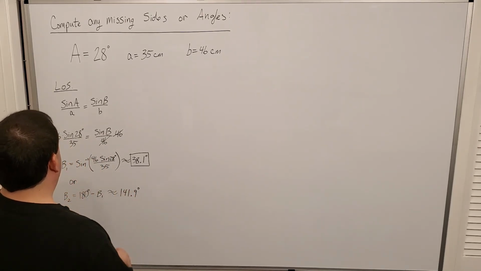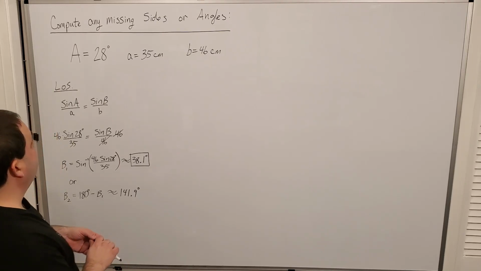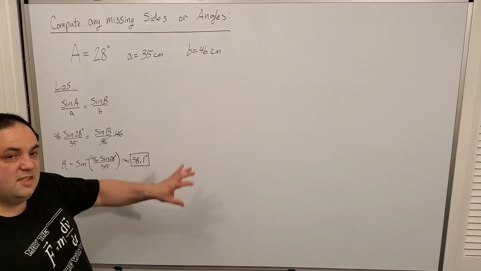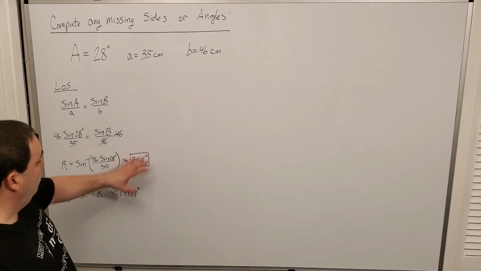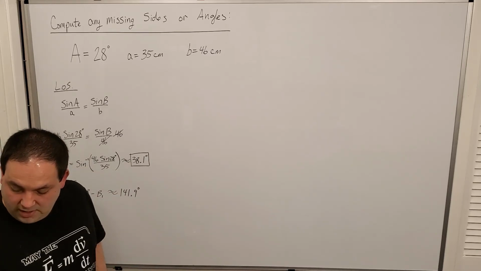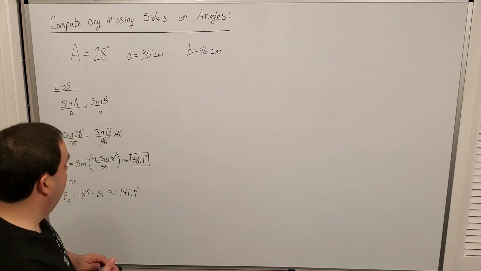Okay, how do we find out if that works? Well, let's go ahead and find the C angles that go along with both of these. Since I already know and I'm in that process, let me go ahead and finish it out that way.